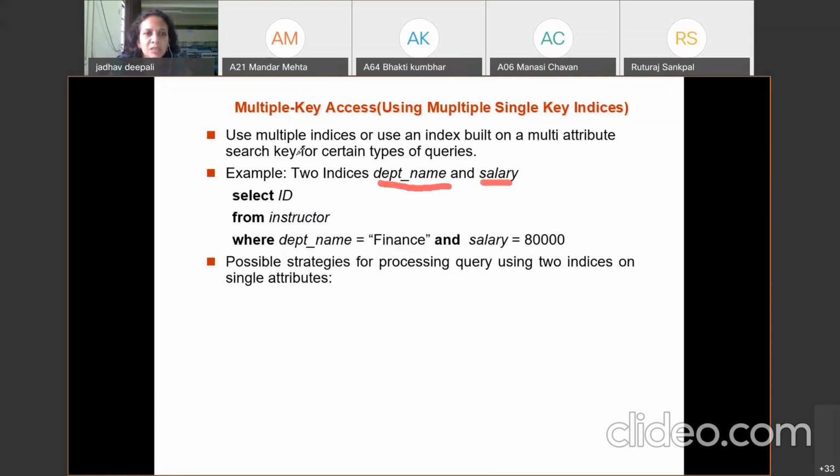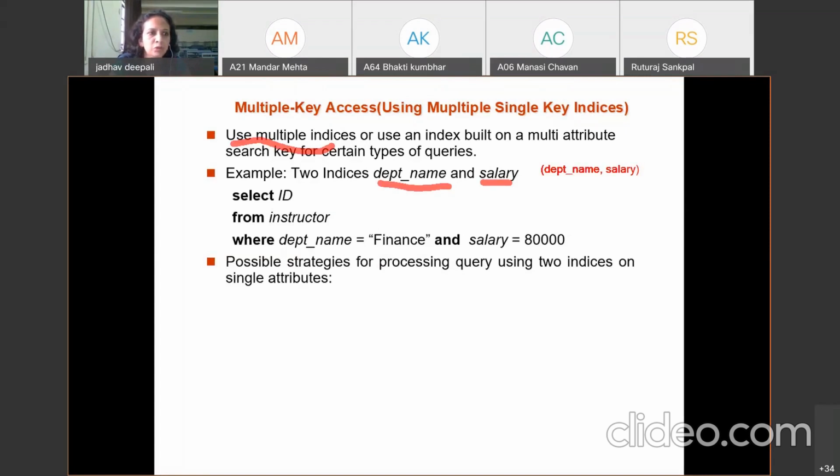That is the first concept, use multiple indices, two indices, three indices, etc. Or another approach is to build a multi-attribute index, which means we build a single index with two attributes, department name and salary. So these are the two approaches in multiple key access.